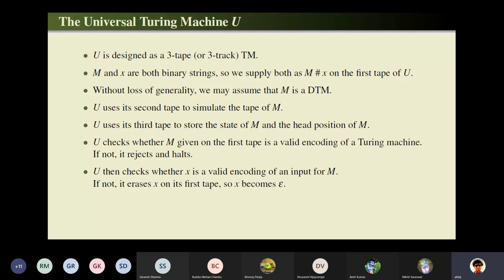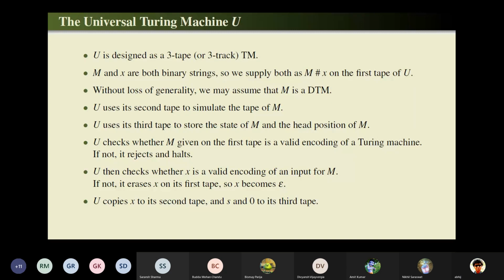And again, it will also make a sanity check about the validity of the encoding for X. If it is not valid, it can simply erase that X part and assume that the input is epsilon. So this is the initial sanity check. Not a big issue actually.